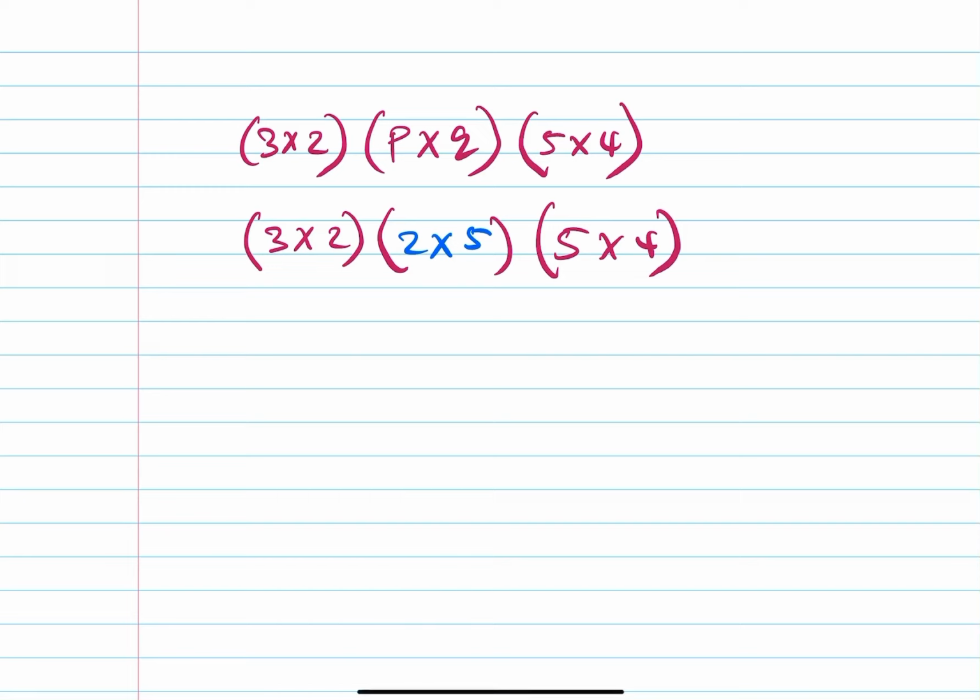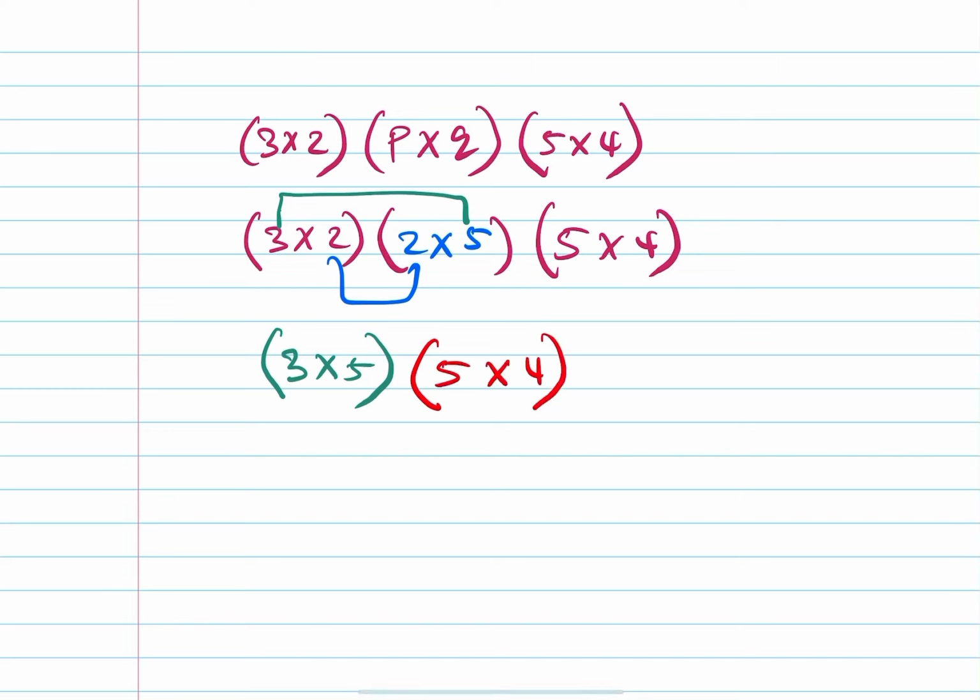Now check, these two have to be the same for you to multiply. If you consider this one first, they are the same, so it means the end result will be 3 by 5. So this is going to be 3 by 5. And then you multiply it with this one, so that is going to be 5 by 4.